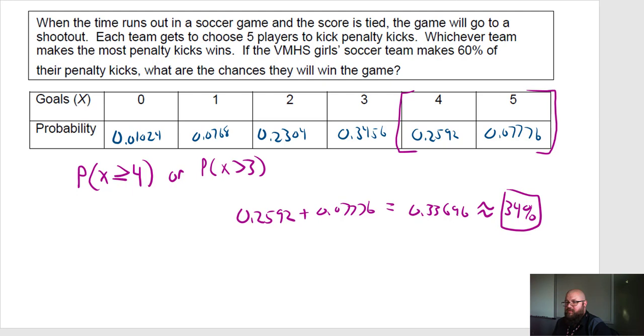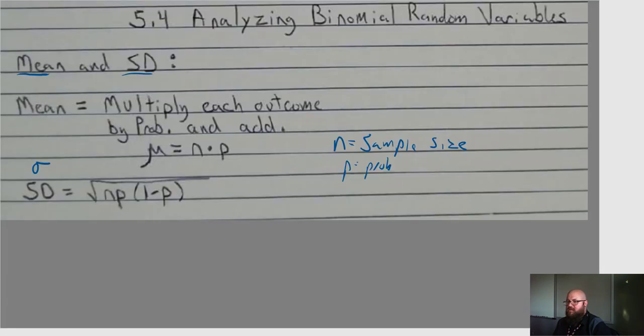So with that, we played around with a couple equations to look at our mean and standard deviation. Again, taking the mean value is taking each outcome, multiplying it by its probability, and then adding these all up, which we did right here.